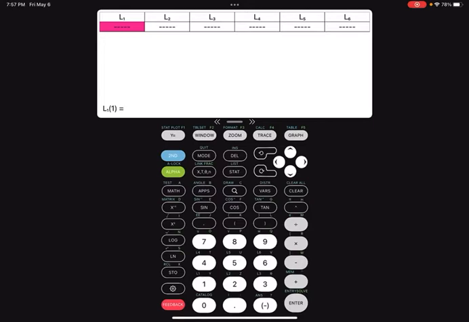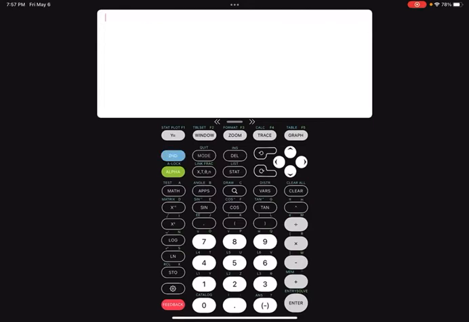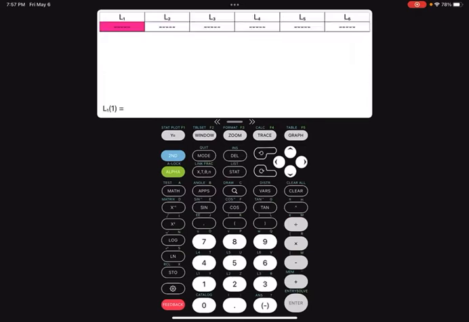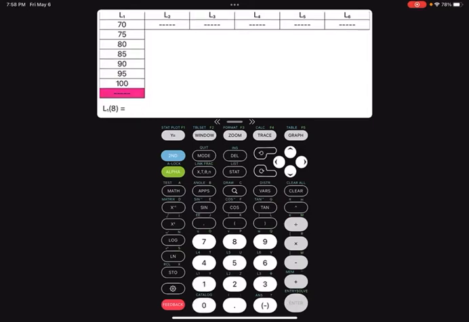I hit the stat button, see how it's on edit, and I hit enter. Then in L1, my scores are 70, 75, 80, 85, 90, 95, 100. Then I hit my right arrow.